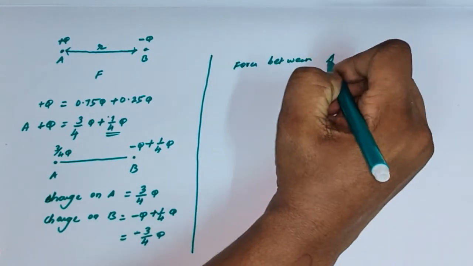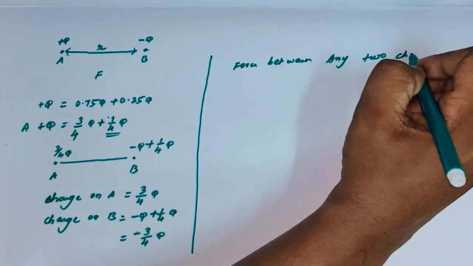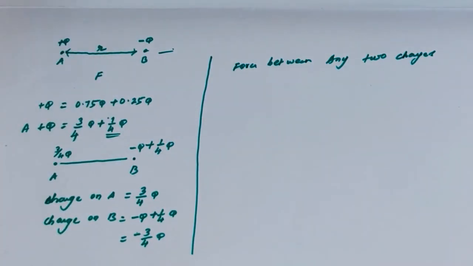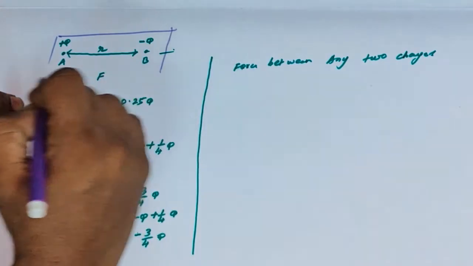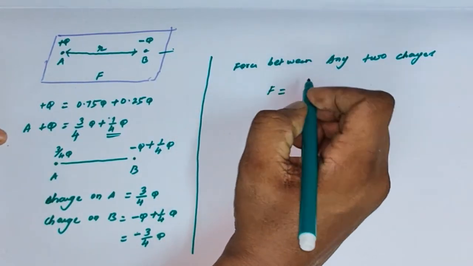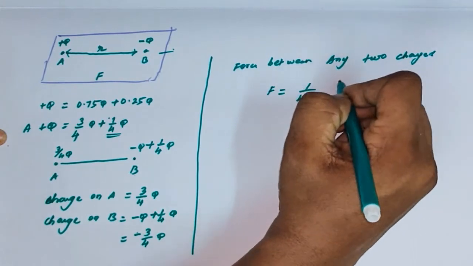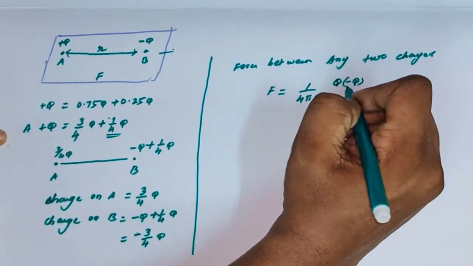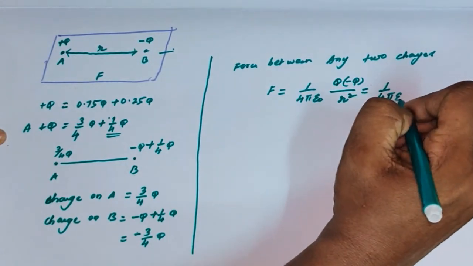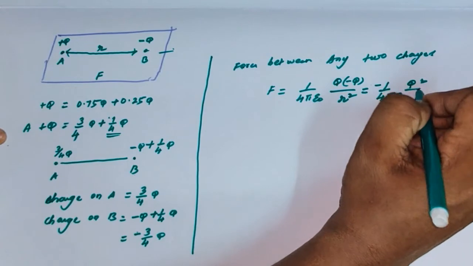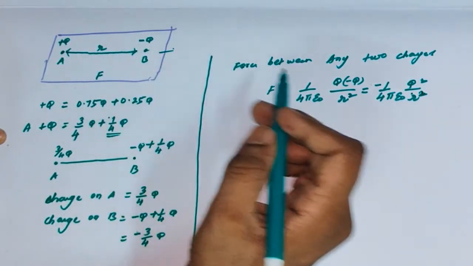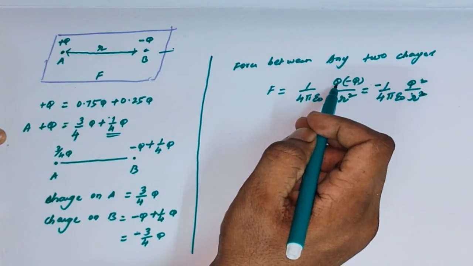Taking the initial condition, the diagram before transferring the charge, the magnitude of the force is 1 by 4 pi epsilon naught times the charge on A, the charge on B, divided by the distance between them squared. So F is equal to 1 by 4 pi epsilon naught times minus Q squared by r squared. The minus sign represents an attractive force, because one is a positive charge and the other is a negative charge.